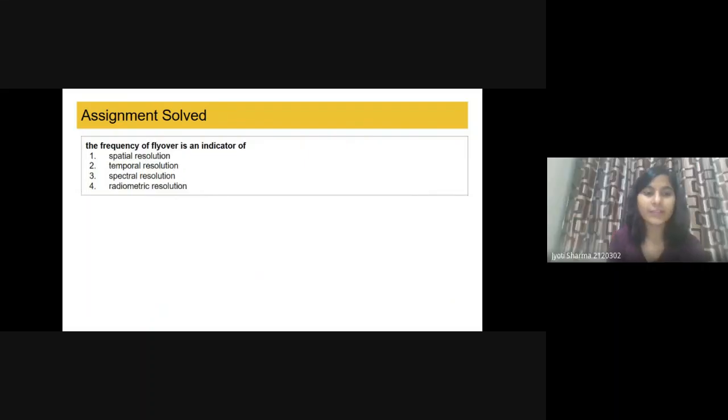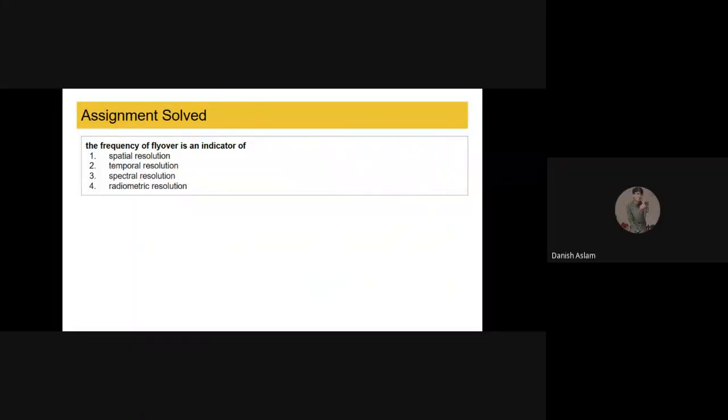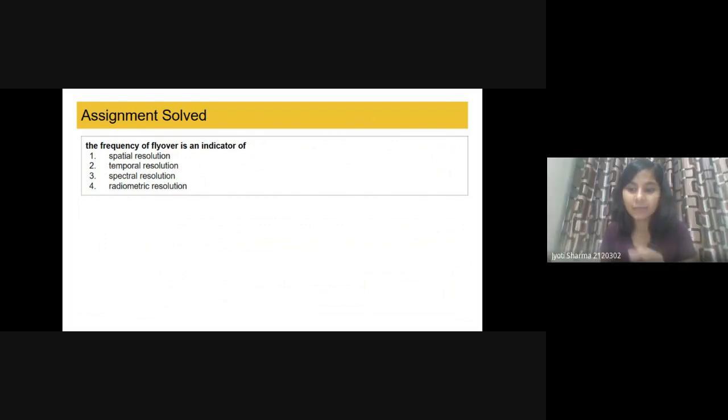The frequency of flyover is an indicator of which type of resolution? Spectral? Ma'am, how much time a flyover or the aircraft will move?